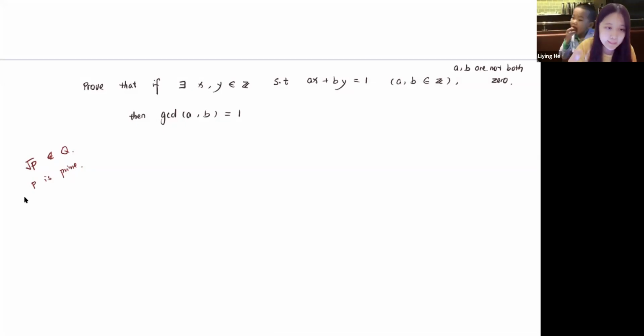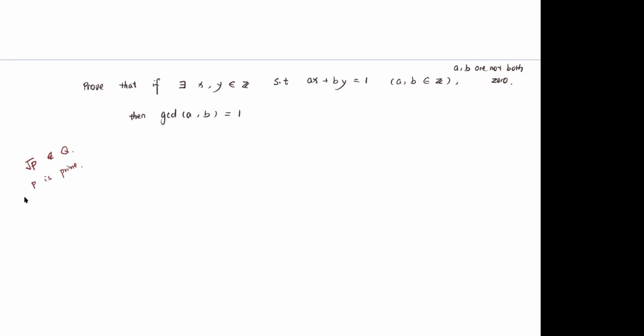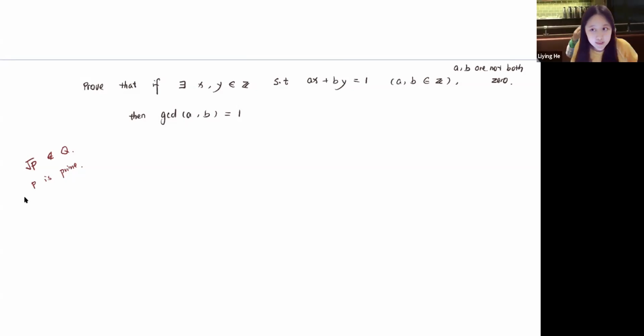It's called a and b are relatively prime. It doesn't mean they are prime numbers. It's just called relatively prime. So they basically have no common divisor other than 1. Their common divisor is 1.